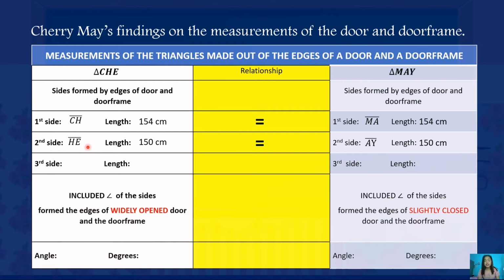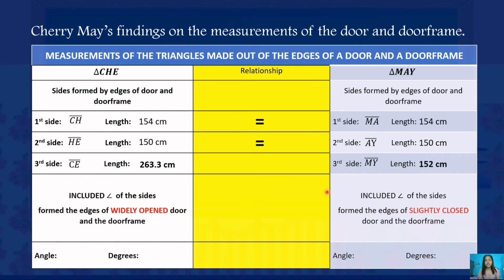How about the third side? So the third side of triangle Che is CE. So its length is 263.3 centimeters. And how about the third side of May? The third side of May is side MY with a length 152 centimeters.